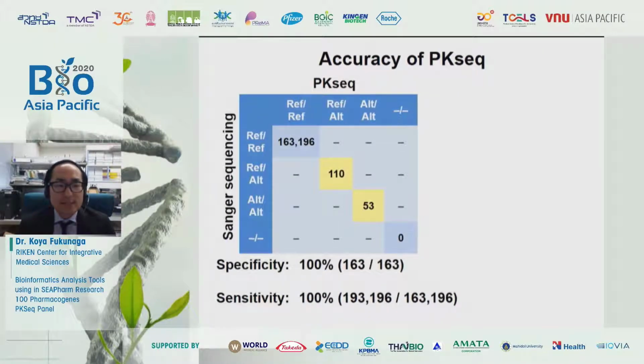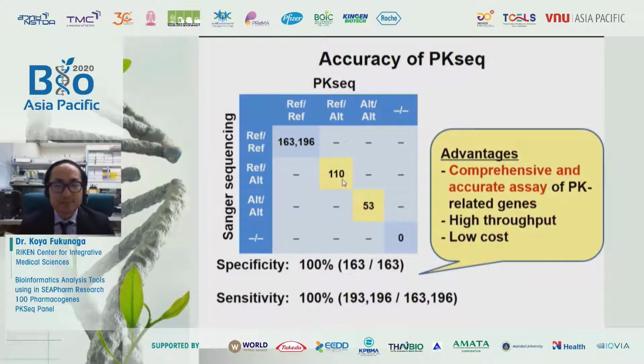Using this sequencing, we sequenced the same one individual genome. After that, we compared accuracies of a PKSeq panel with Sanger sequencing using the same individual. As mentioned above, REF refers to reference allele, and ALT refers to variant allele. As a result, PKSeq showed completely similar genotypes as those noted with Sanger sequencing.